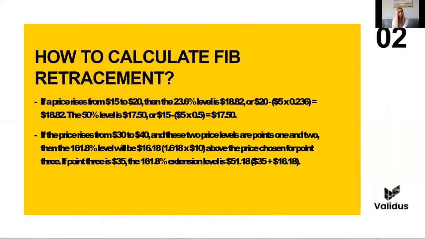Fibonacci retracements require two price points to be chosen on the chart, usually a swing low and a swing high. Once those 2 points are chosen, the Fibonacci numbers, or lines, are drawn as percentages of that move. So if a price rises, for example, from $15 to $20, then the 23.6% level is $18.82.